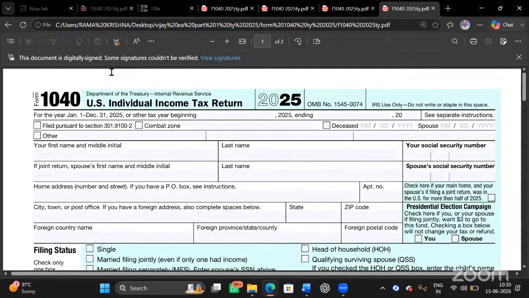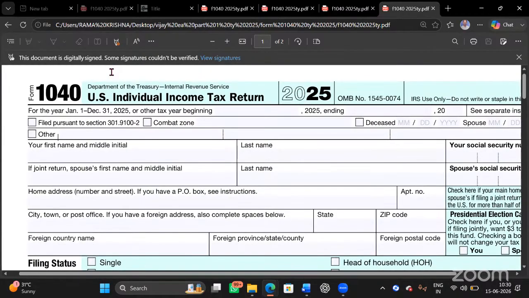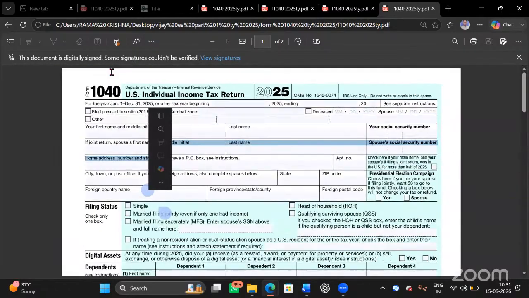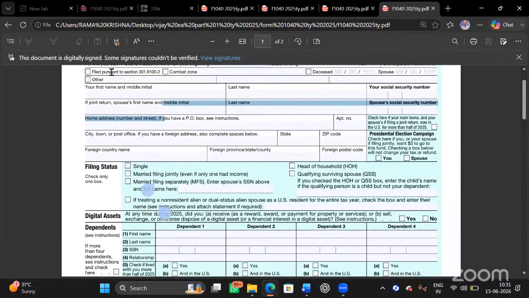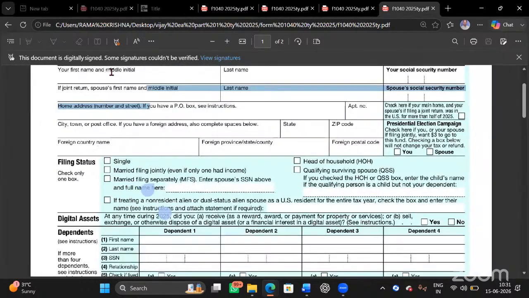At the time of filing this 1040, we have to mention very clearly, now coming to the filing status.